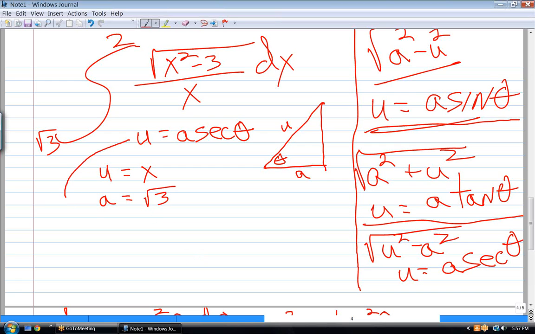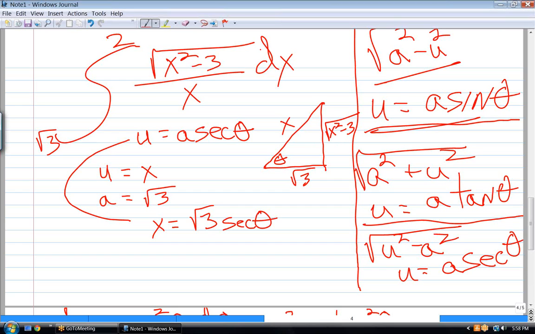So now, rewriting this in terms of x and square root of 3, I have x equals square root of 3 secant theta. Let's go ahead and replace in this model here. This is square root of 3. This is x, which makes this the unknown side that you figure out.